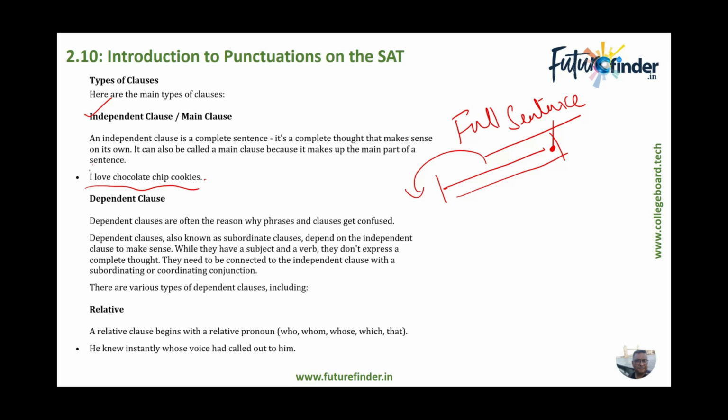Now, you might argue, who is this I, because there is no reference to it. I is a pronoun and there is no name mentioned. But still, it stands as an independent clause. Even if it is a relative independent clause, as it is right now, because there has to be some reference to the I somewhere, it still stands as a full sentence, and hence it is an independent clause. So let's understand with a simpler or compound sentence.